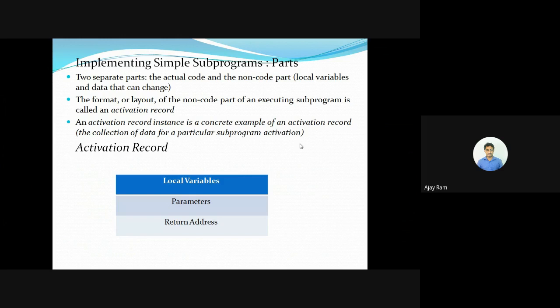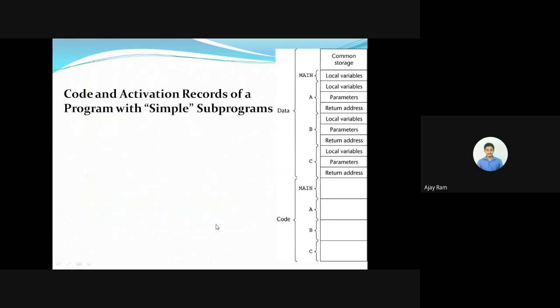It can be seen as an instance of the subprogram. So this is the activation record. The activation record has three fields. The first one is the local variables, the second one is the parameters, and the third one is the return address.